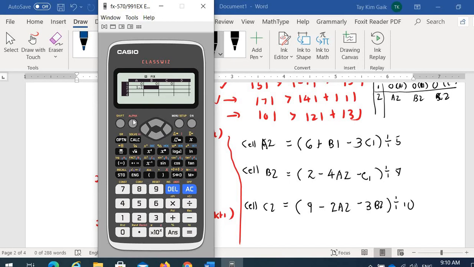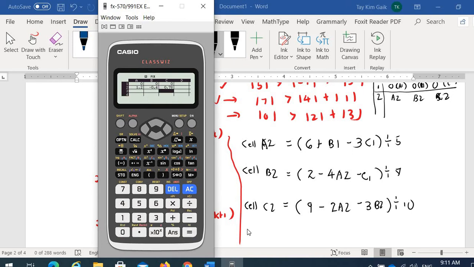Move to here, alpha equal, substitute this formula: 2 minus 4 alpha A2 minus alpha C1, divided by 7. So you get negative 0.4. Then move back to cell C2, alpha equal, bracket 9 minus 2 alpha A2 minus 3 alpha B2, divided by 10.